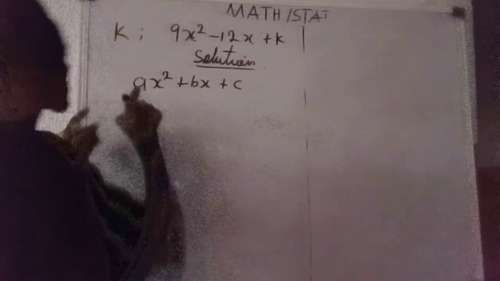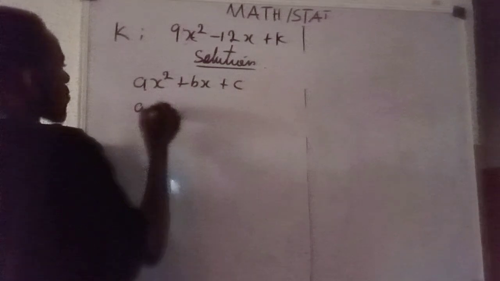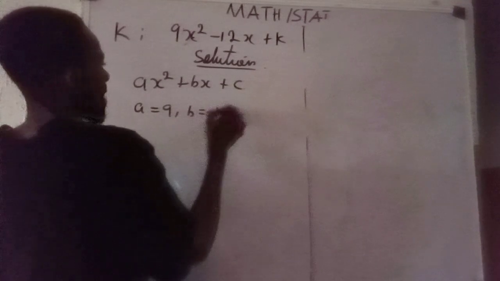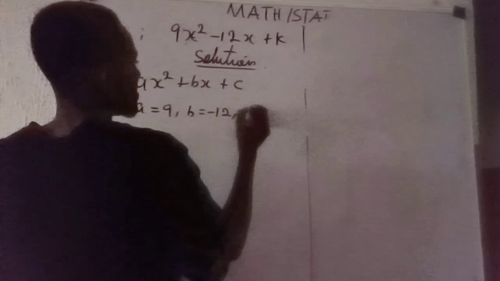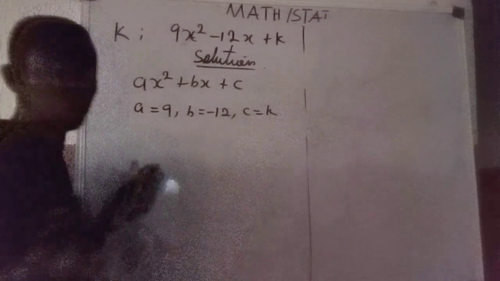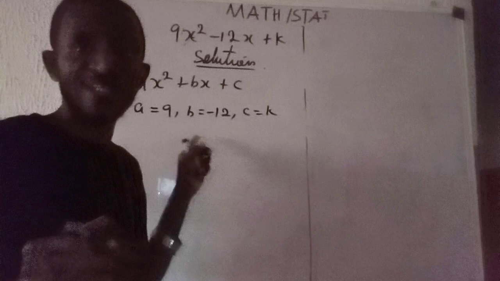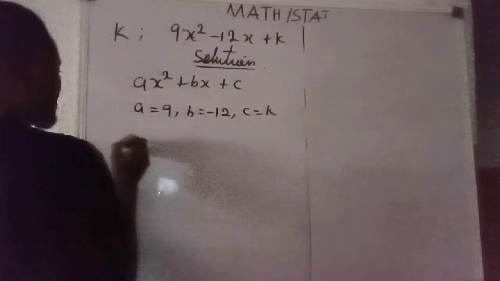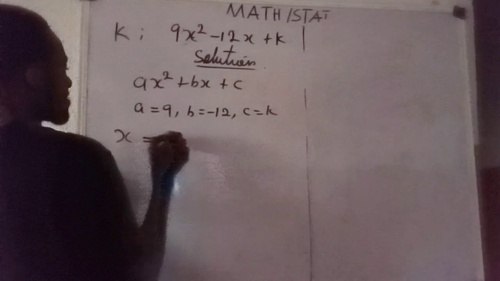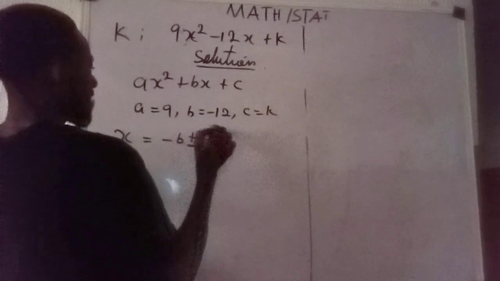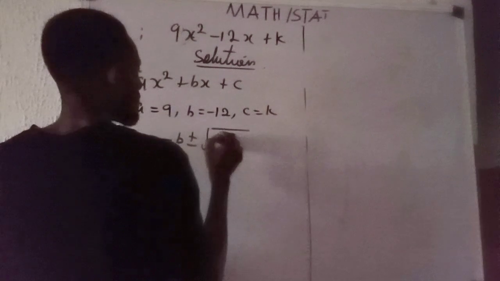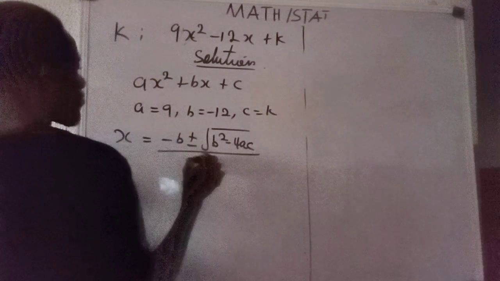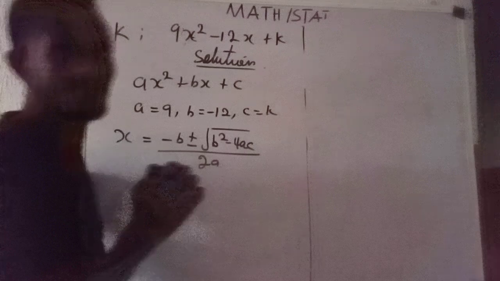So because of this, my a is 9, my b is minus 12, and my c is k. I'll quickly write out the general quadratic formula, which says that x is minus b plus or minus the square root of b squared minus 4ac, all over 2a.